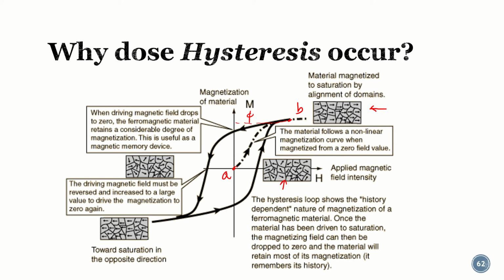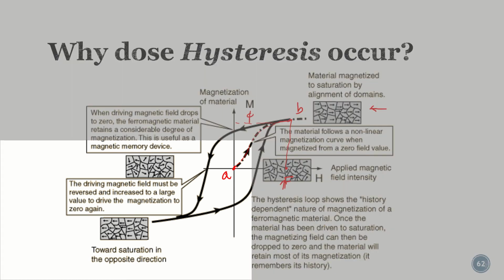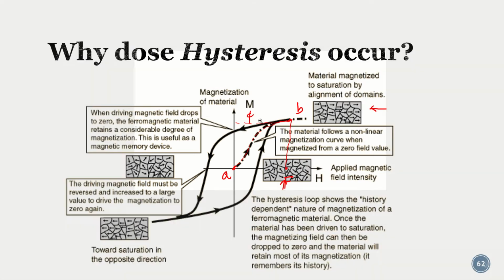Now if we remove the external magnetic field, for example here you have applied this much magnetomotive force and now you are removing it, ideally the return path should be this. But what is actually happening is that it will not be the return path. Why?